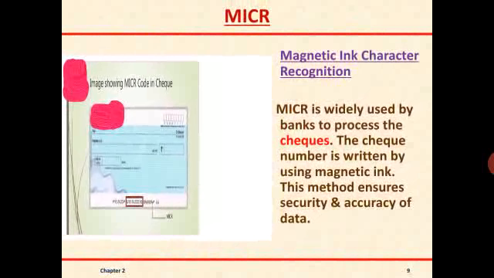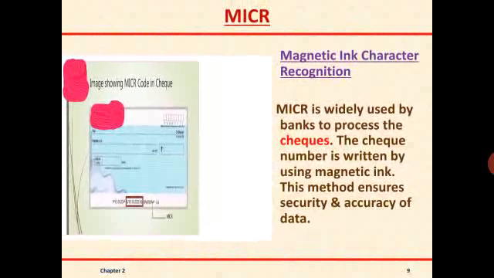Students, these are a few input devices. In today's class we have learned what an input device is and examples of input devices.